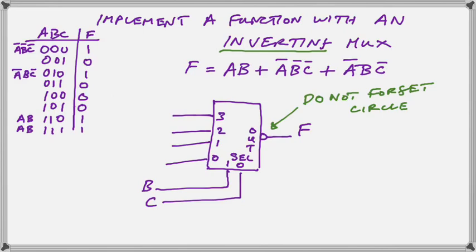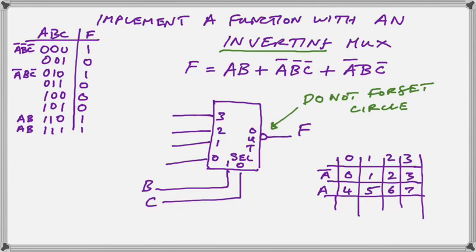Now we need our little table, which looks exactly the same as it did before. We have the A bar row, we have the A row going from 0 to 3, and the A row going from 4 to 7, and they coincide with 0, 1, 2, and 3, which the top row is really the inputs, 0, 1, 2, and 3 of our multiplexer.